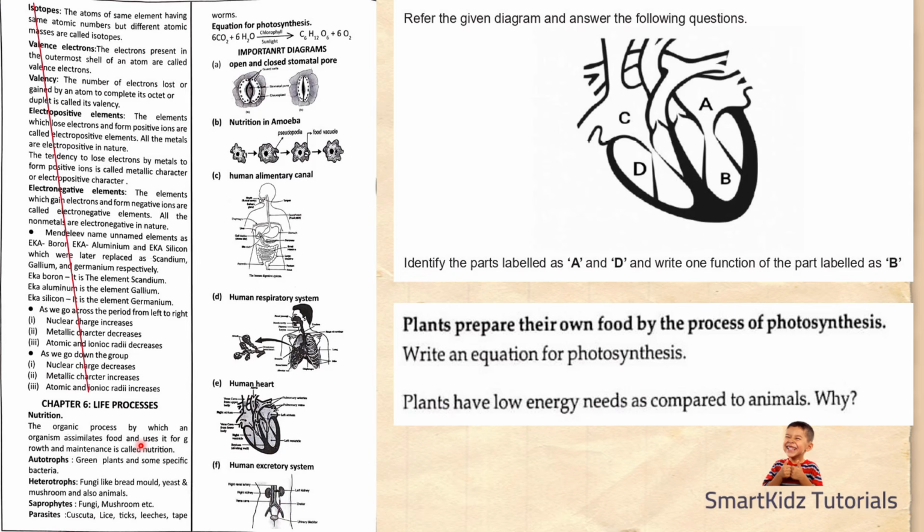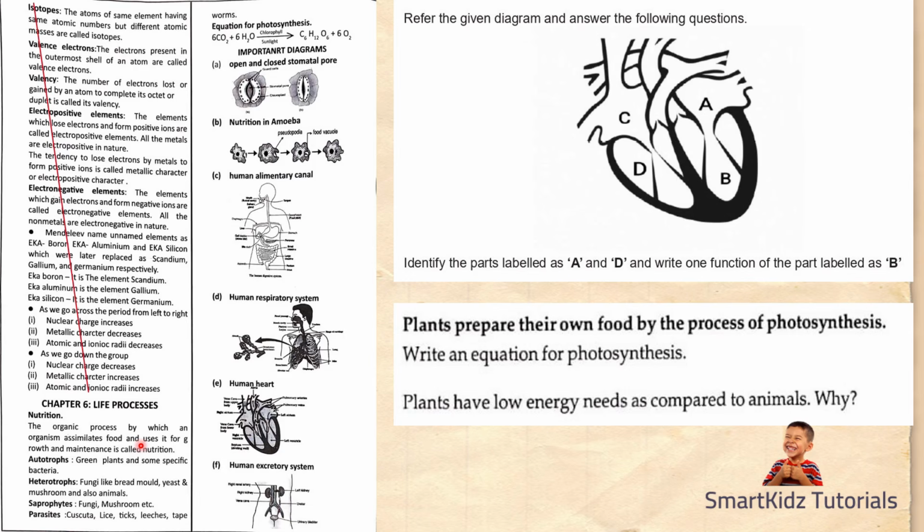Okay, so we can see the diagrams over here, and life processes deals with all the organic processes which an organism goes through, or uses the organs for growth, maintenance, and so forth.